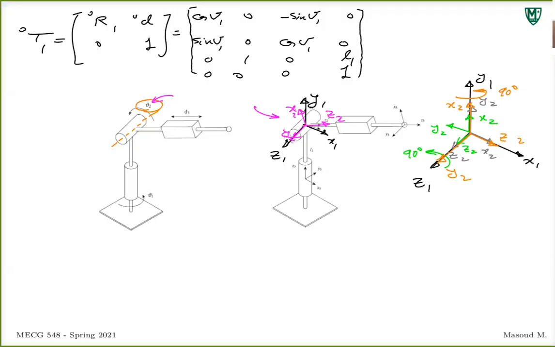Then from there, I do another 90 degrees rotation about Y1, shown by orange. I get to X2, Y2, Z2 in orange, and that's the correct direction, before I apply this theta 2 orientation.